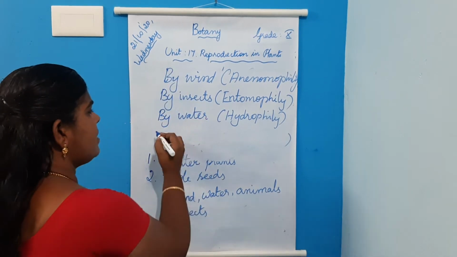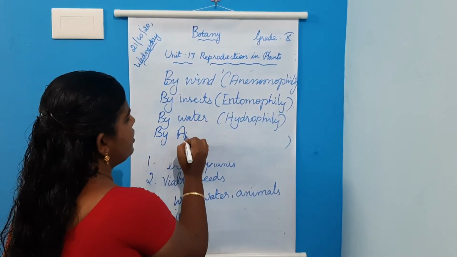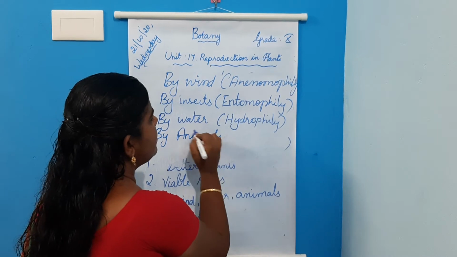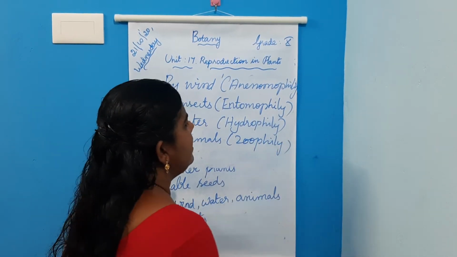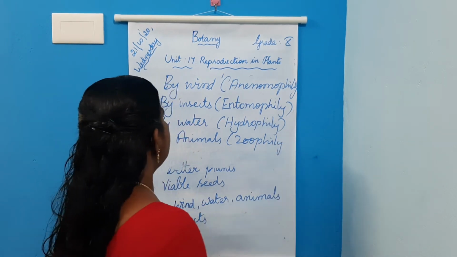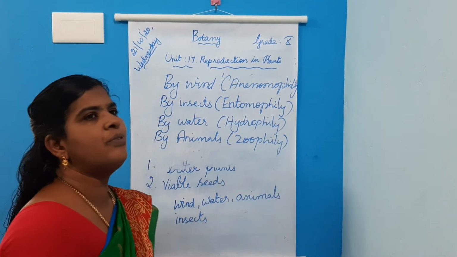Next is pollination by animals. It is also called zoophily. So flowers which are pollinated by animals are called zoophilous flowers.